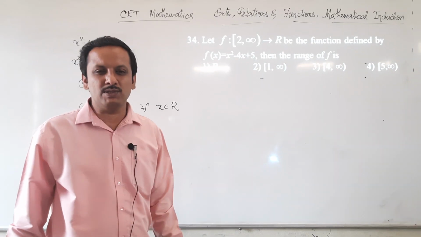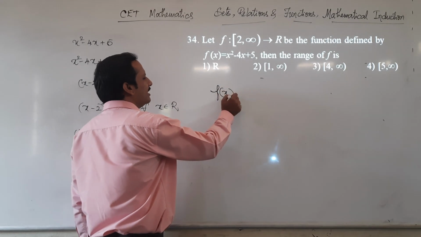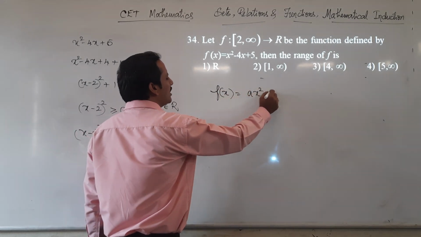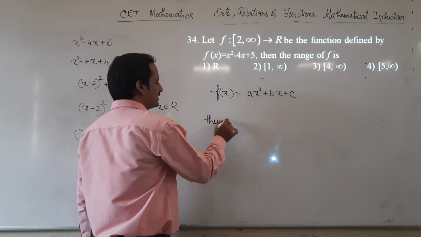There is another method also, by using one formula. Okay, so here this is a quadratic expression, right? f of x is equal to ax square plus bx plus c. Then, okay, remember this result.